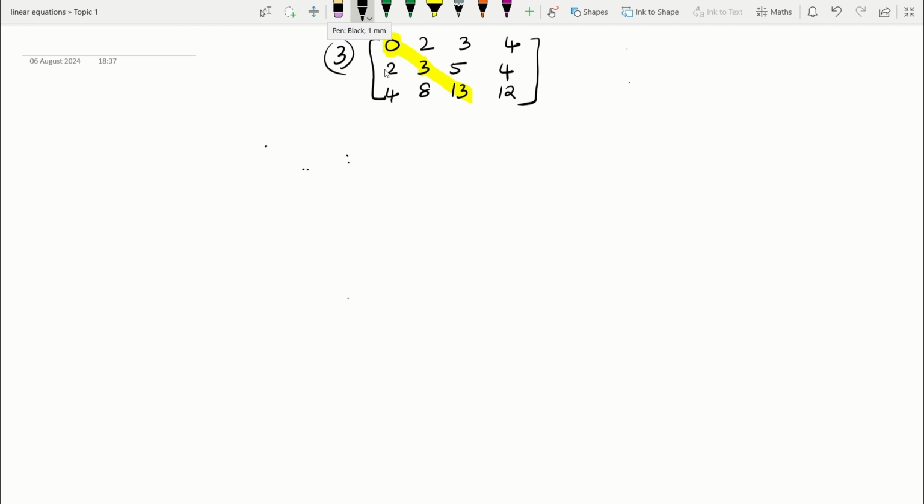Okay, and now see, what are the diagonal elements? These are the diagonal elements, and our target is to make the elements below them 0. So to make my calculation easy, let me interchange the rows. I said that when we are doing the elementary transformations, we can do 3.